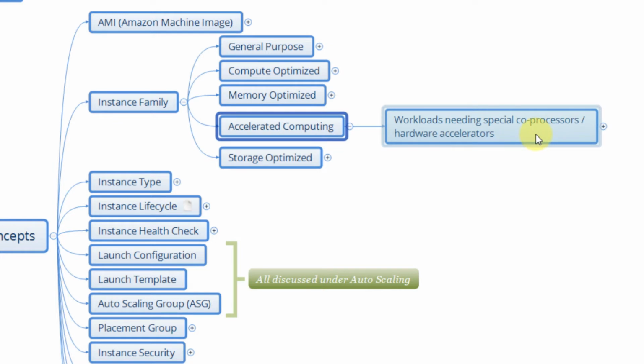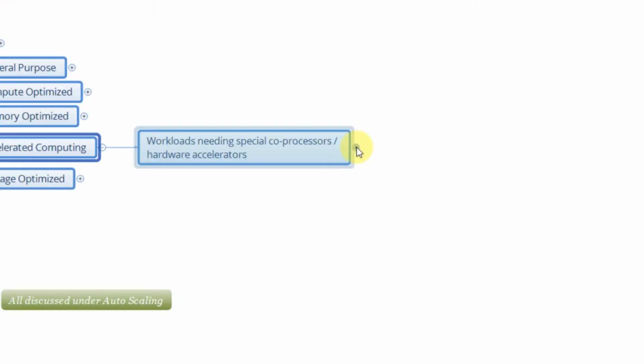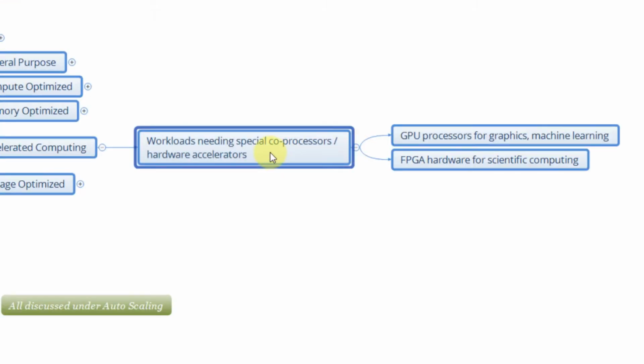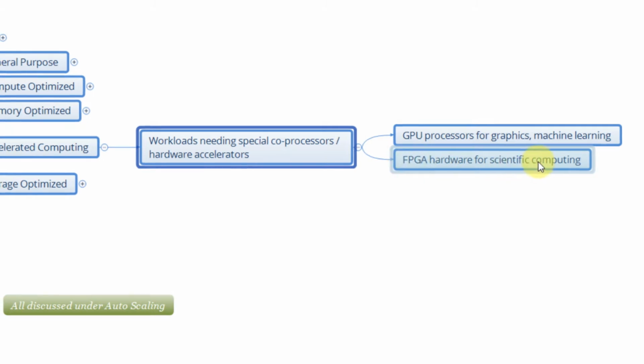Accelerated computing is instances with additional coprocessors or hardware accelerators. So workloads needing these special processors can use this family of instances. So examples of special coprocessors include GPU processors for graphics or machine learning applications, or FPGA hardware, which stands for Field Programmable Gate Array, for scientific computing.